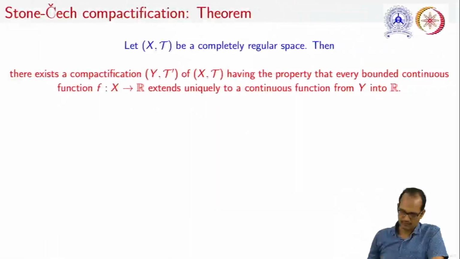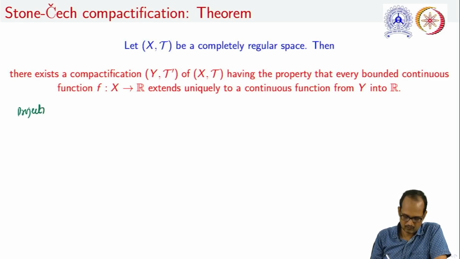Now, if we have this f as fk, we can talk about the projection map phi k from the product of these closed intervals Ji, i belongs to I, to this interval, let us take Jk.